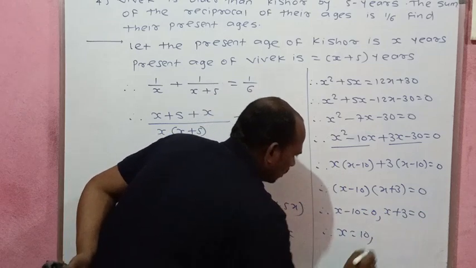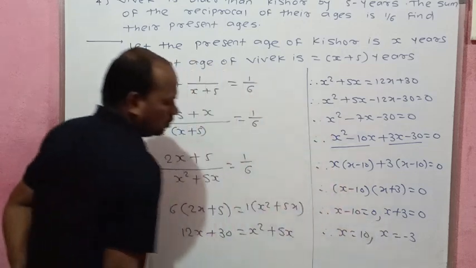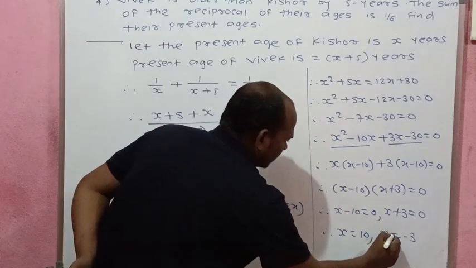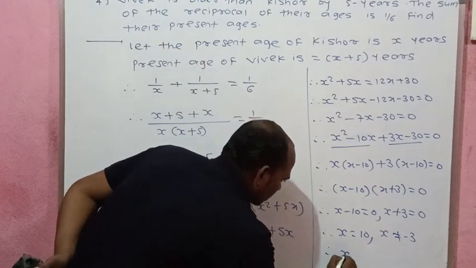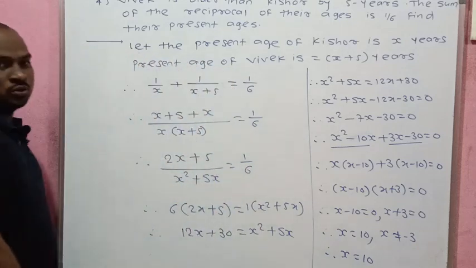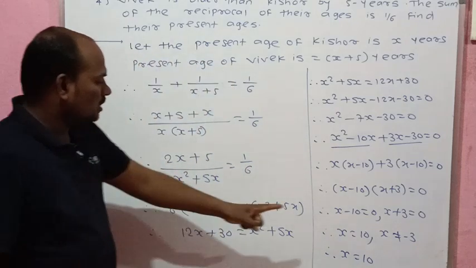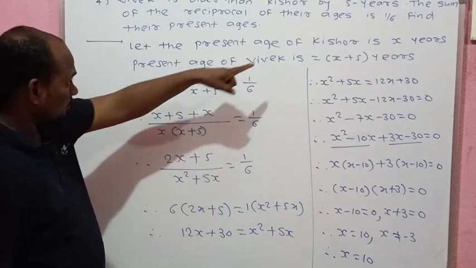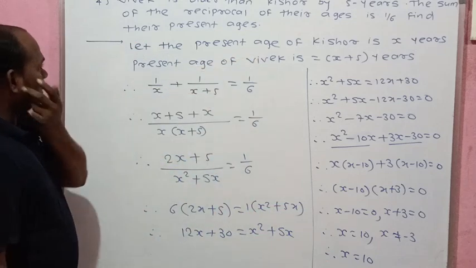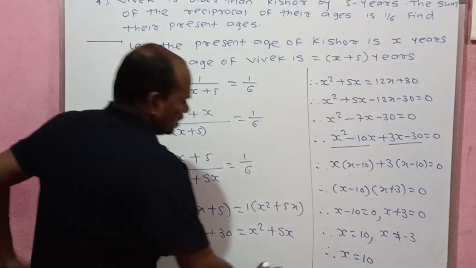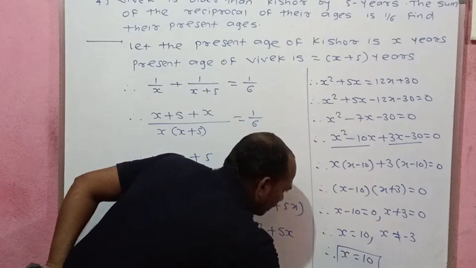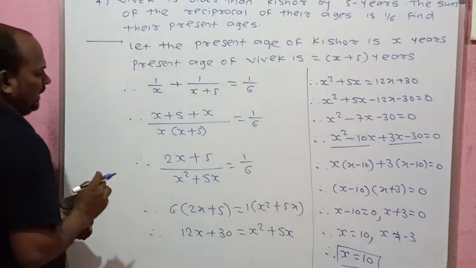Now x equal to 10 and x equal to minus 3. Now age is not negative, so x equal to minus 3 is cancelled. The x equal to 10 years. This is the present age of Kishore.